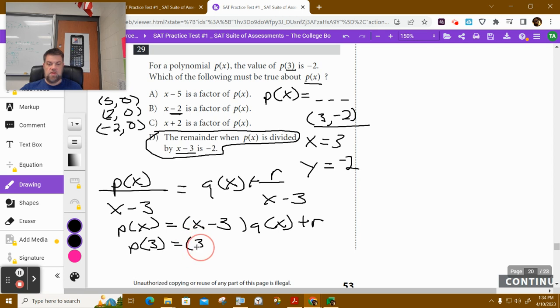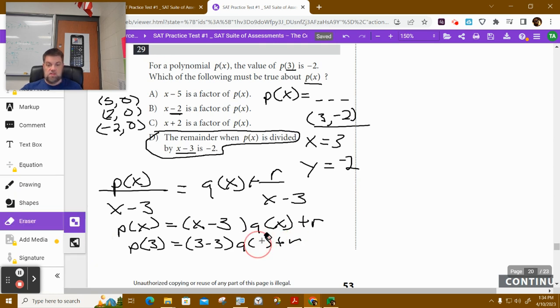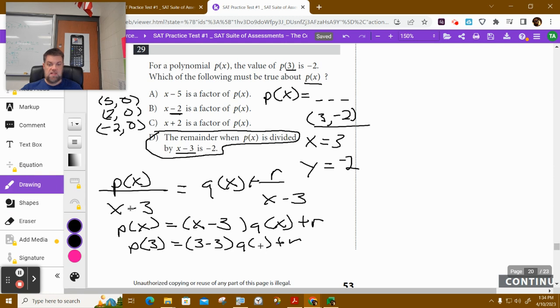that would equal 3 minus 3, which is 0, times q of 3, whatever that is, plus r.